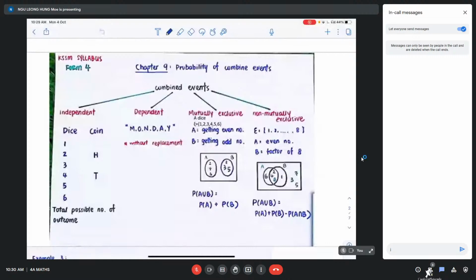So if set A is an even number, the possible elements for the set A will be 2, 4, and 6, right? However, for the set B, getting an odd number, what we can get is 1, 3, and 5.